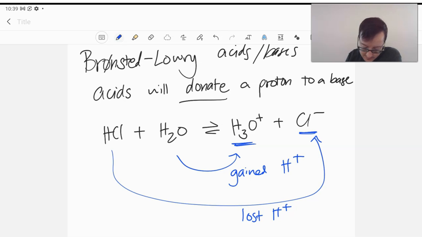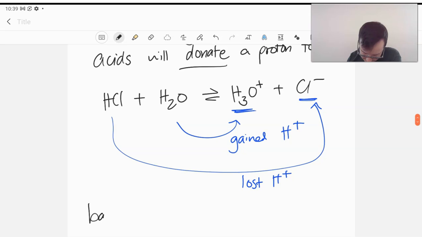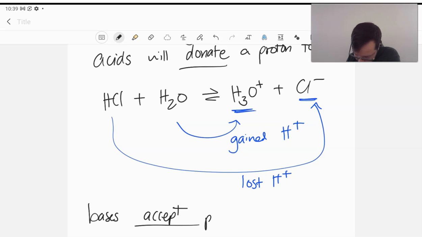By contrast, the water has gained a proton. It has accepted a proton. And we're going to see that, therefore, our definition of base will be the substance that receives the proton. So bases accept protons from acids.